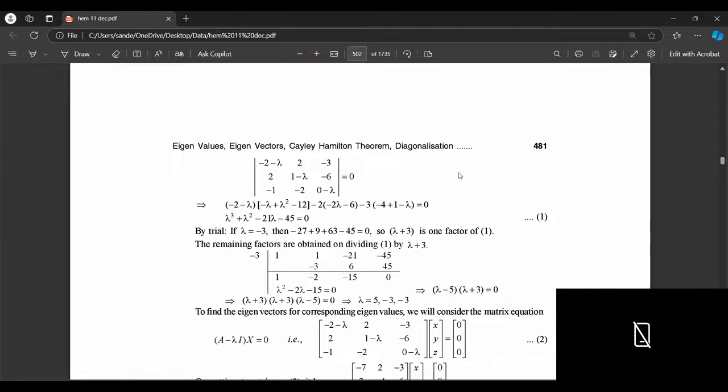So the remaining factors you can find in this way. The remainder is 0, so lambda equal to minus 3 is one of the roots.